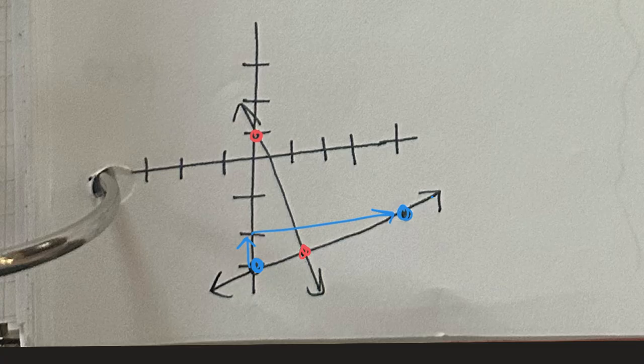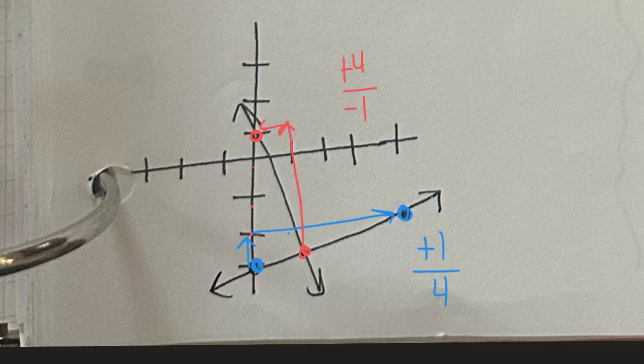So blue is positive. He's up 1 and 1, 2, 3, 4 over 4. Okay, red, I'm going to rise 1, 2, 3, 4 and run backwards 1.